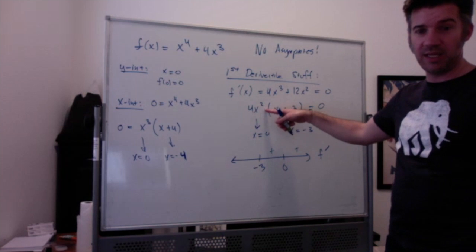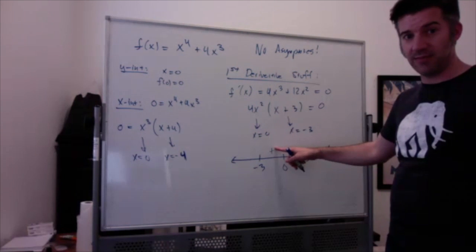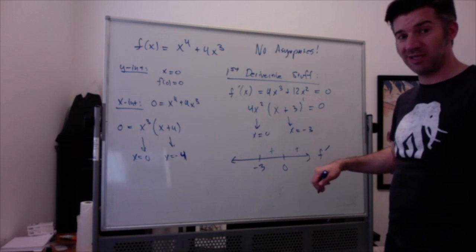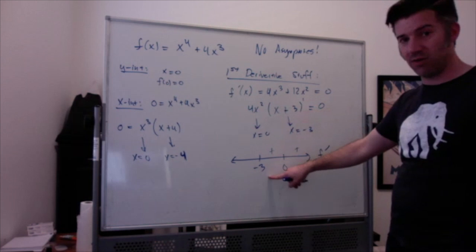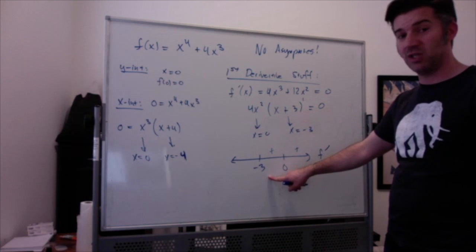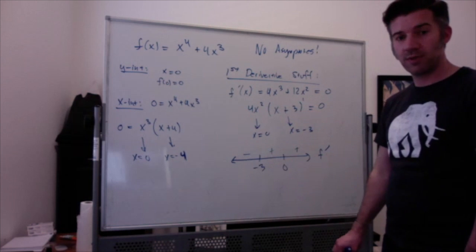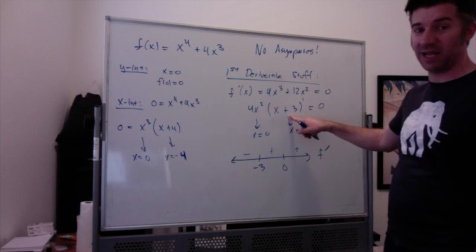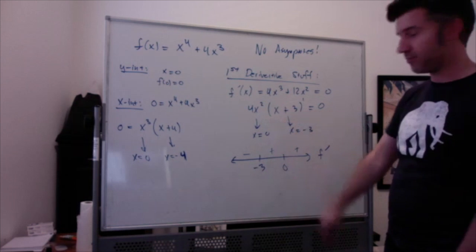If the multiplicity is even, the sign stays the same. If the multiplicity is odd, the sign changes. Or you can pick a point. Negative 4 squared is positive, negative 4 plus 3 is negative, positive times a negative is negative.